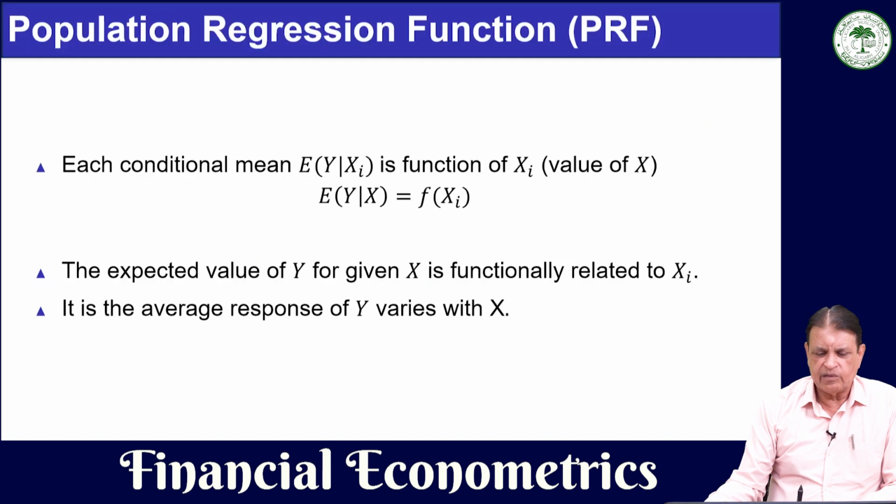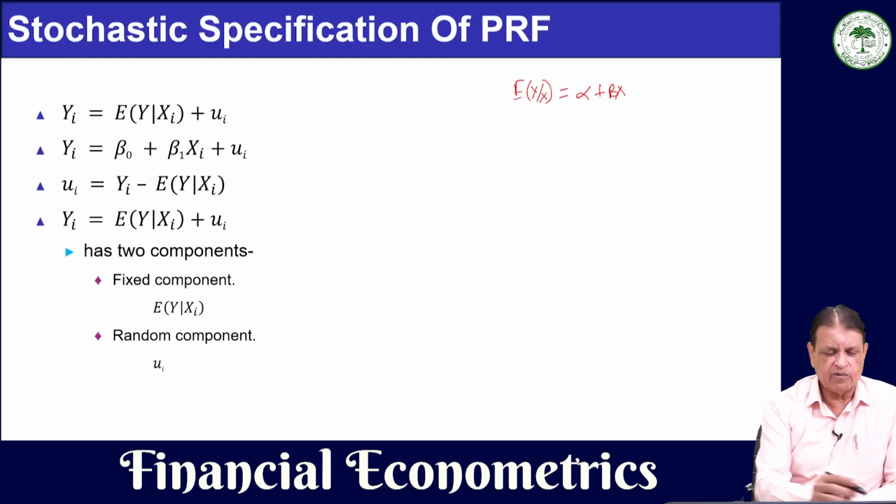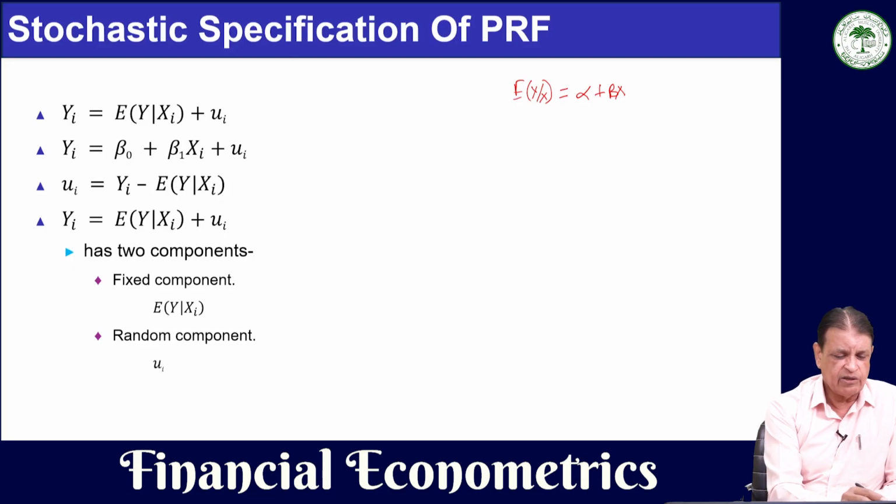Same thing we have written here, that this is in terms of actual value of y, and if we replace this, then this will be beta 0, beta 1, xi, ui. We have written alpha and beta, but here beta 0, beta 1, and ui is equal to yi minus the expected value of y given xi. This is the same thing.